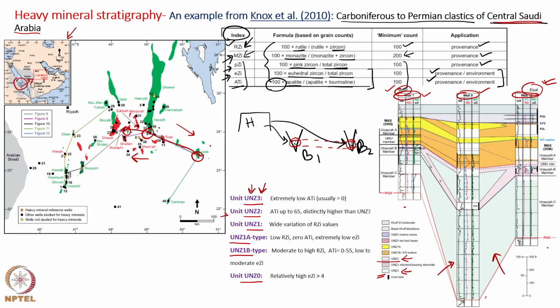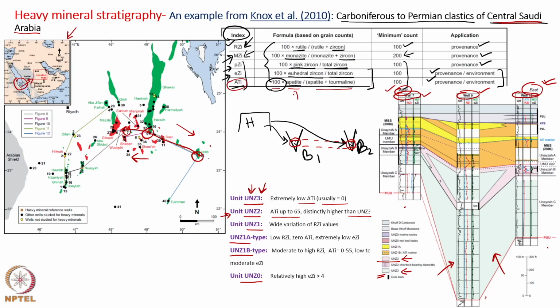Unit UNZ2 is typical of ATI up to 65 and distinctly higher than UNZ3. In the case of UNZ3, it has a low ATI and usually it is 0. What is ATI? It is the apatite tourmaline index given by 100 multiplied by apatite divided by apatite plus tourmaline.